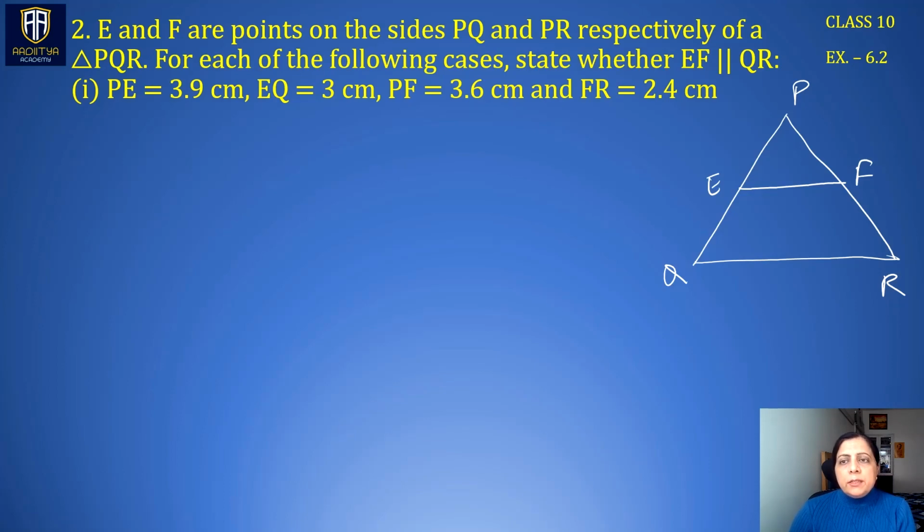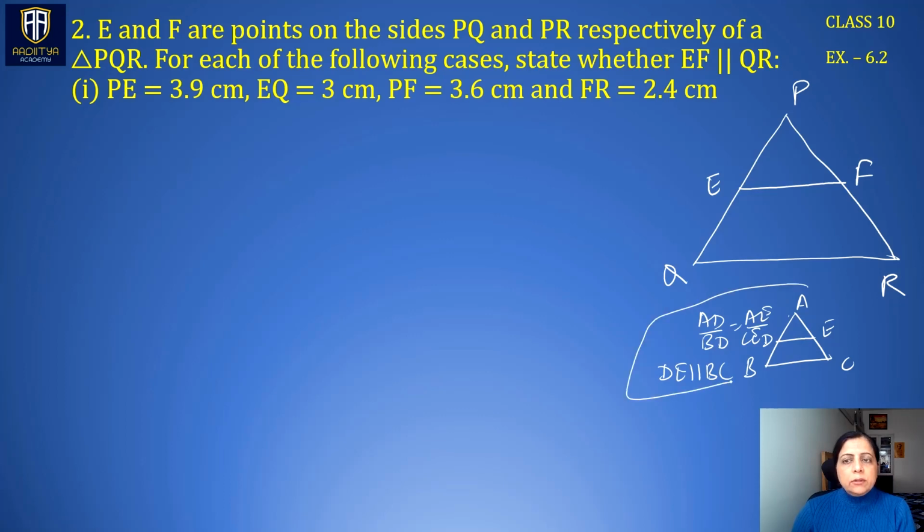The converse of BPT says that if in a triangle a line is dividing the opposite sides in the same ratio, like if AD upon BD is equal to AE upon CE, then we can say that DE is parallel to BC. We learned this theorem in the introductory video.